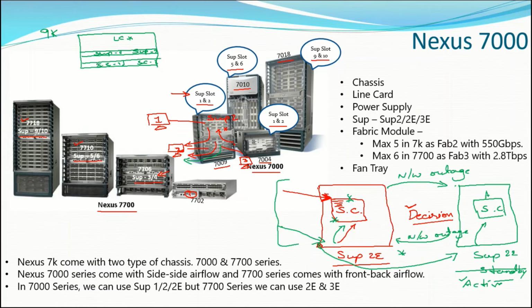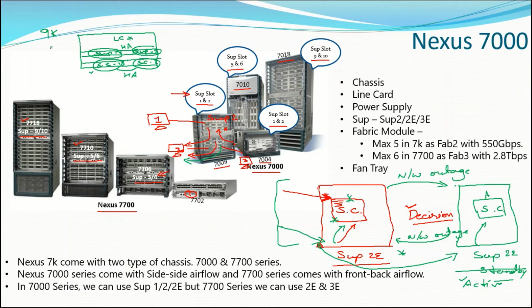So they have removed the system controller from the supervisor engine itself and made it a separate entity, a separate hardware box, and configured these two boxes in HA, a high availability environment, and configured the two supervisor engines 1 and 2 in HA mode as well. So now the supervisor engine is not dependent on any one system controller.